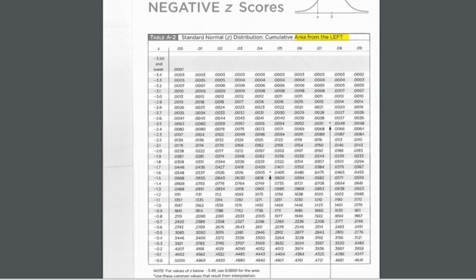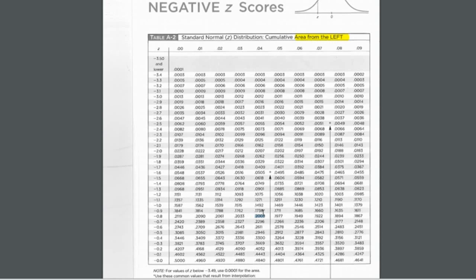We look for the number closest to 0.2 in the middle of the table. Where is 0.2? The 0.2s are here, I can see. The 0.2 is between this number and that number. Now you have to find the number closest to 0.2. You find the difference between 0.2 and 0.2005, and between 0.2 and 0.1977.